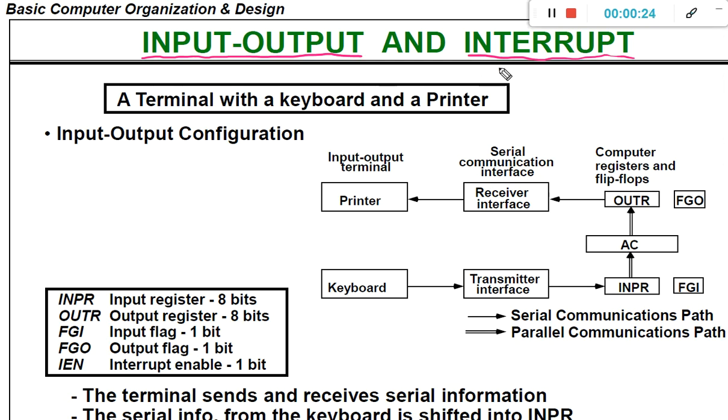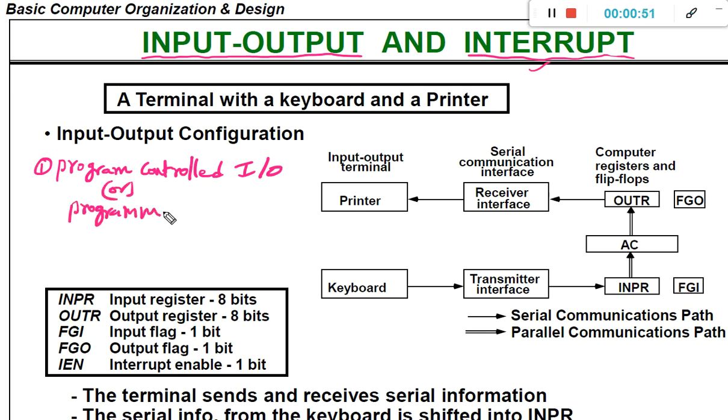Before actually going to the interrupt concept, we need to know that there are basically two different types of I/O. The first category is program controlled I/O, or it can also be called programmed I/O.